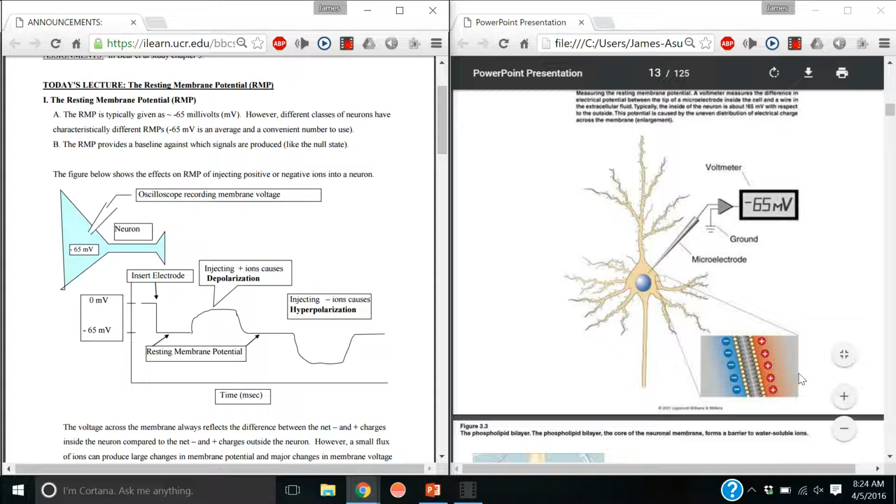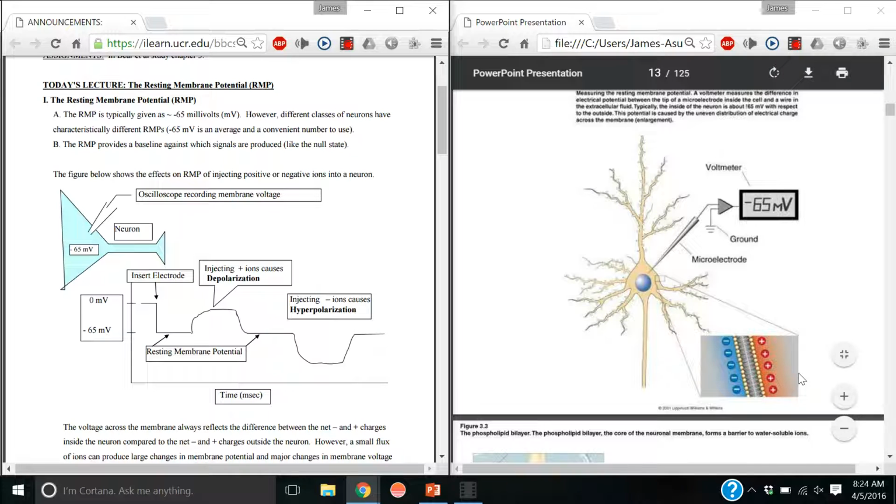Now there's something deceptive about that particular little diagram, because all it shows is negative charges inside and positive charges outside, anions inside, cations outside.